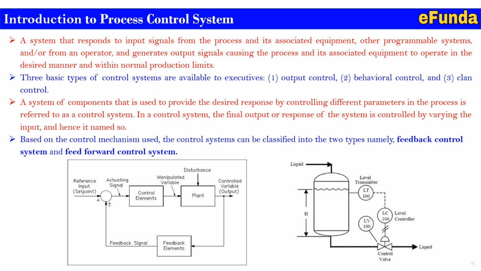And this is a closed loop system where the fundamental difference between the feedback control system as well as the feed forward control system is that in the case of the feedback control system, the corrective action is taken after the output gets affected by the disturbances, while in the case of a feed forward control system, the corrective action is taken before the disturbance of the output. This is how the basics are covered. We will see more in detail.